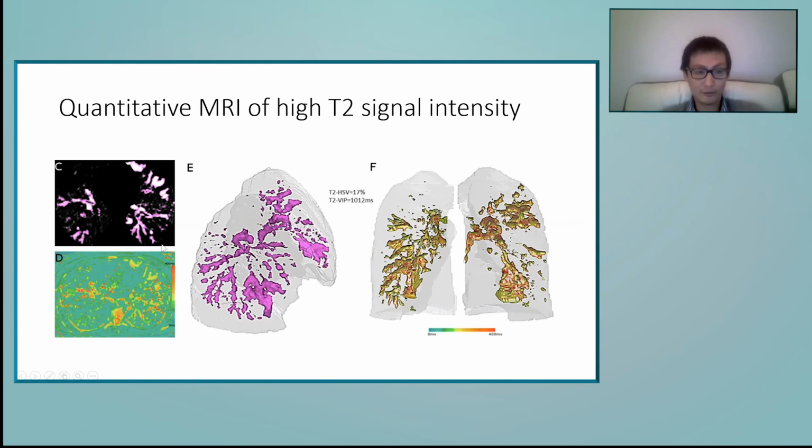And we can also fuse this information with the T2 signal intensity as extracted from the T2 maps, and then get fused information about both the volumetric extent and the signal intensity of the lesions over a full lung volume acquisition.